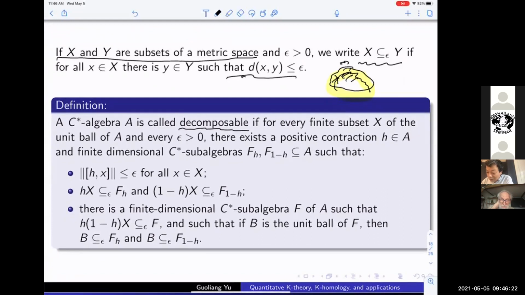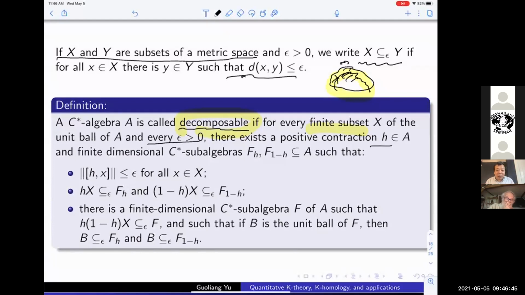Okay, so we say it's decomposable if for every finite subset, because for K-theory we are only interested in finite subsets, and for every epsilon, we can cut this subset into pieces which are basically finite dimensional.